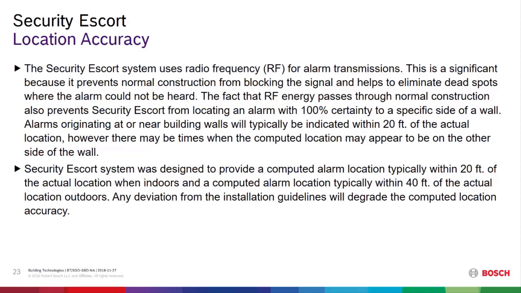When the system is set up correctly, the alarm location is within 20 feet of the actual alarm, meaning that the alarm dot that is presented to you on the screen is within 20 feet of that alarm and should be encompassed inside the alarm dot. When outside coverage is calculated, it's within 40 feet because of the wider distance in receiver spacing.